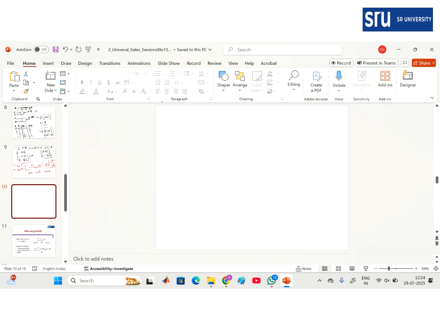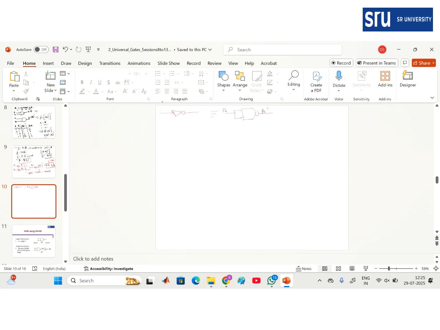So I know how to convert NOT using the NAND gate, right? By connecting two inputs of the NAND gate to a single input, it will act as a NOT gate, right?